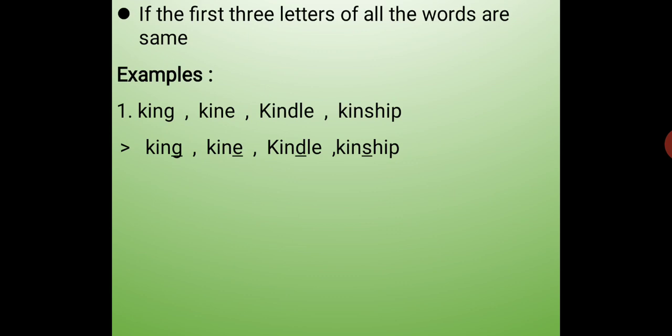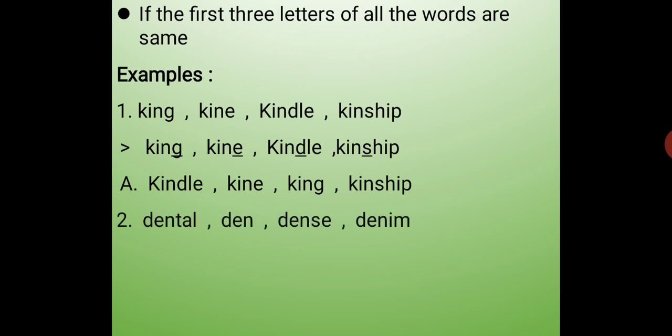D, then E, then G and then S. So what is the first word of the answer? Kindle, then king, then keen and then kinship. Very good. Now you can understand how to arrange the words if the first 3 letters are same. Now let's see one more example.